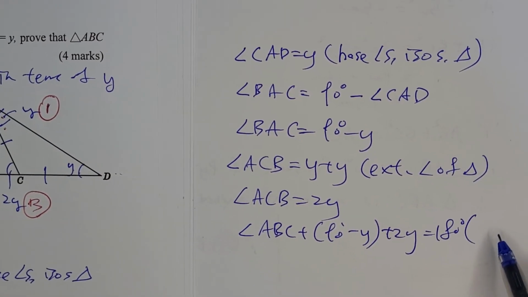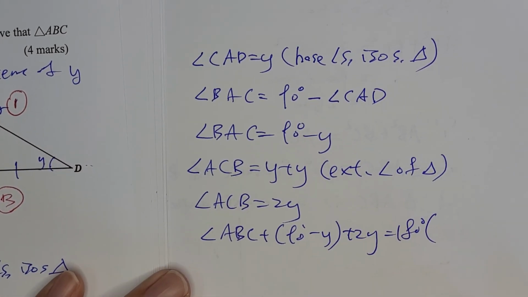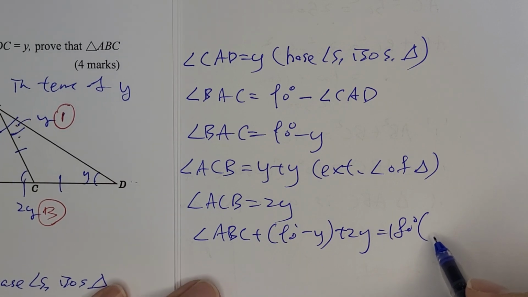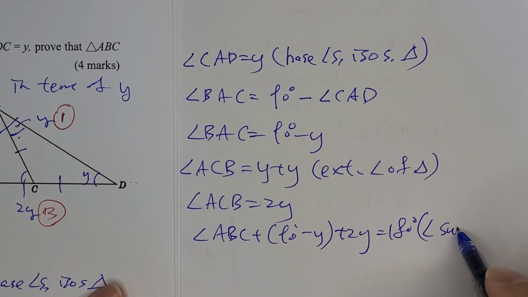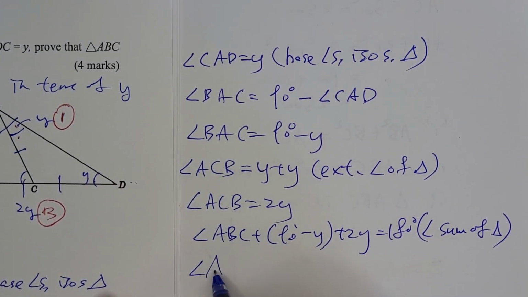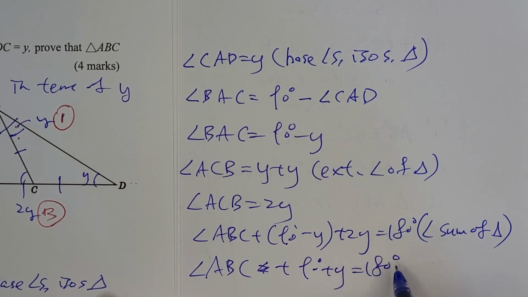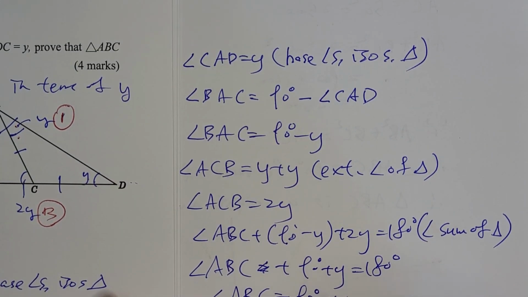Reason: angle sum of triangle. Okay? Then you can find angle ABC will equal 180 degree minus 90 degree minus y minus 2y. That's 90 degree minus y. So angle ABC will be equal to 90 degree minus y.